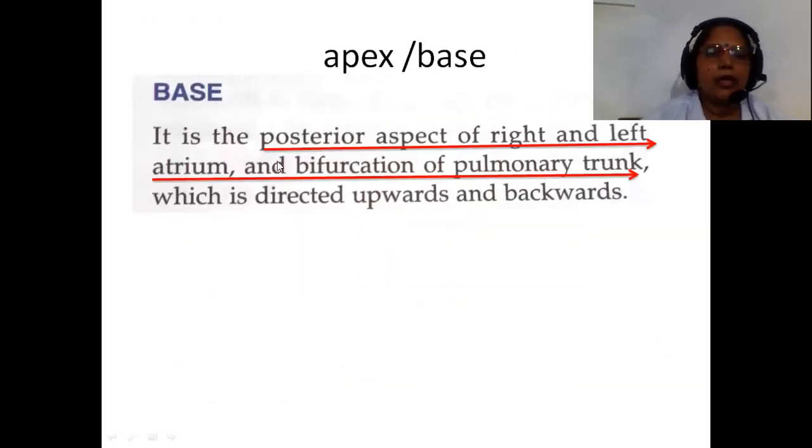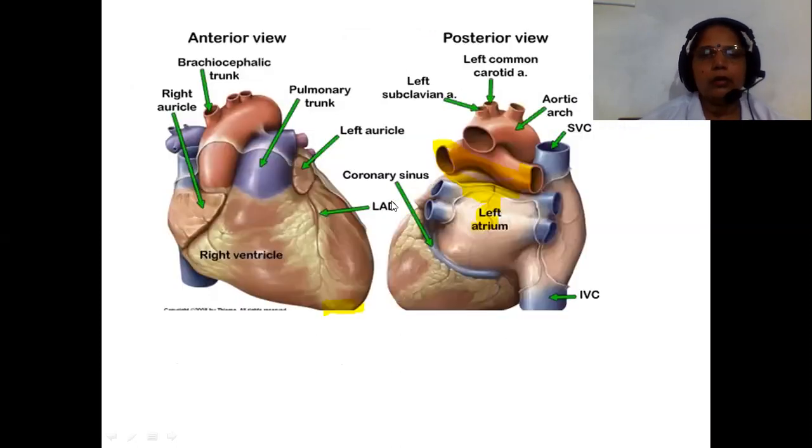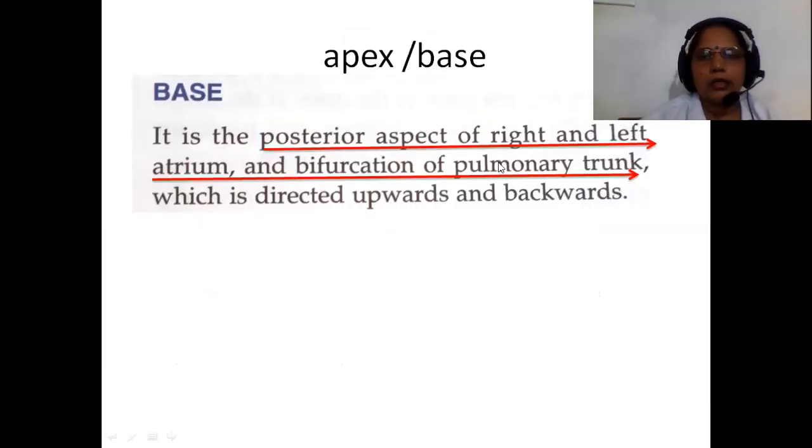Next, what is the base of the heart? The base of the heart, it is the posterior aspect of the right and left atrium and bifurcation of the pulmonary trunk, which is directed upwards and backwards. So, this structure it is called as a base of the heart. जहाँ पे right and left atrium and bifurcation of the pulmonary trunk.